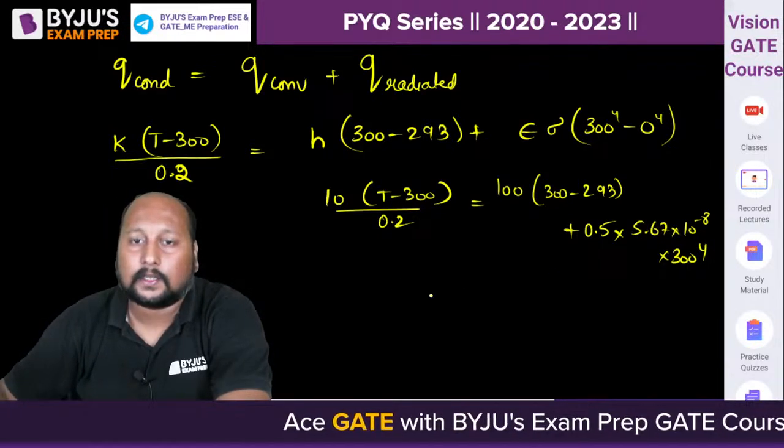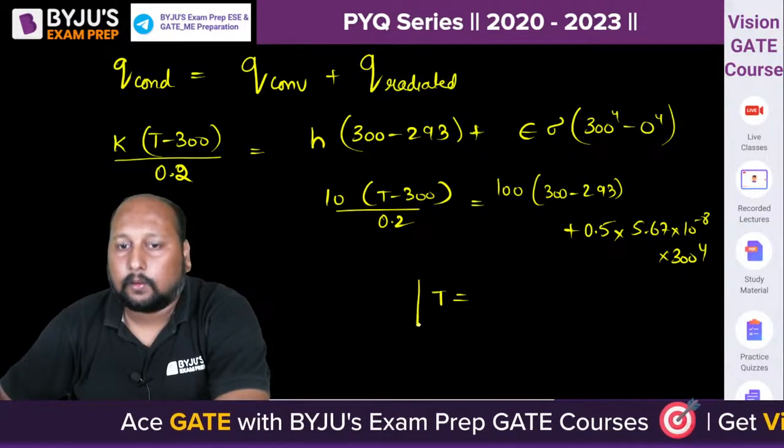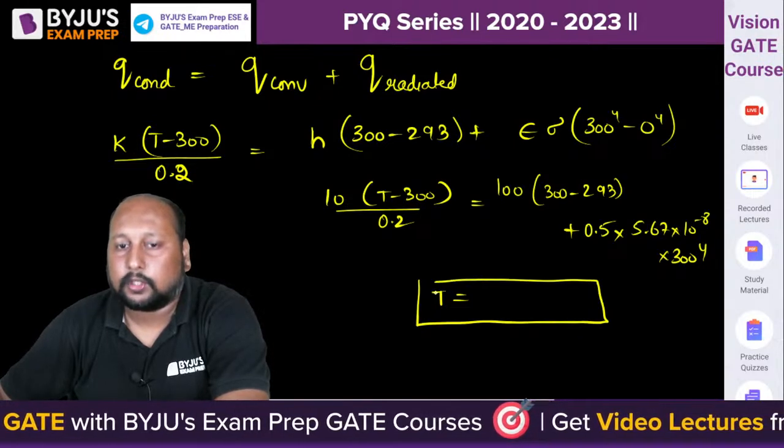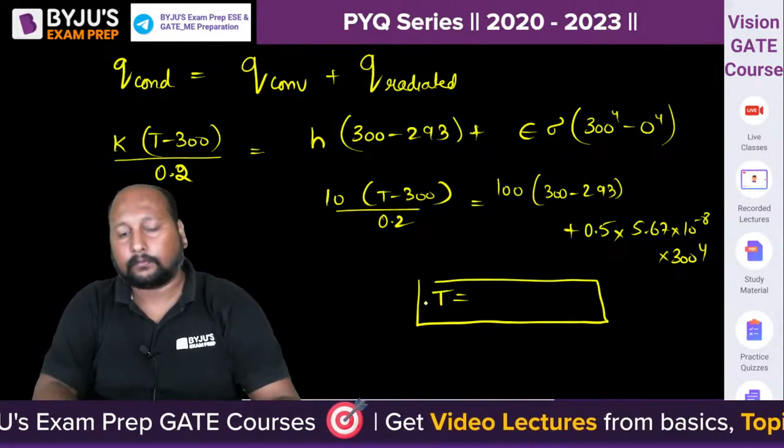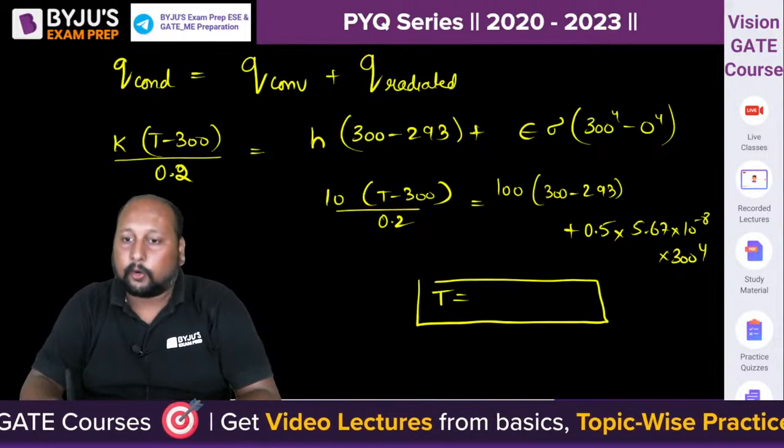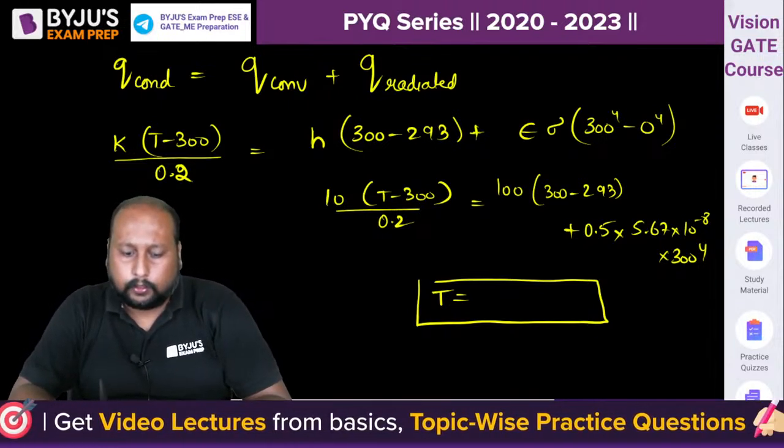Solve it and tell me what value of T you are getting. Simple question, only calculations left out.